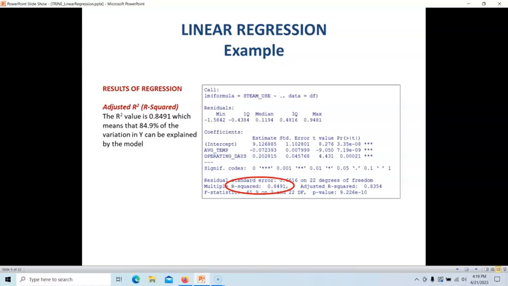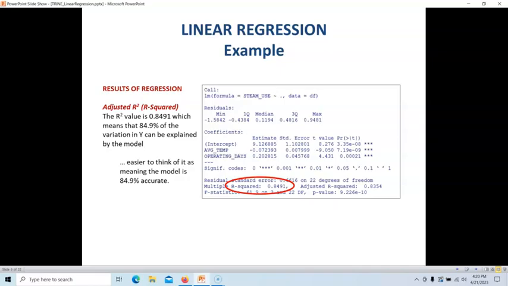And the R squared value here is 0.8491. So what does that mean? That means that our model is able to explain 84.9% of the data. A better way to think of it is just to say our model is 84.9% accurate. That's what you can think of it.